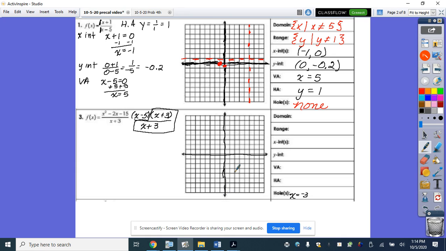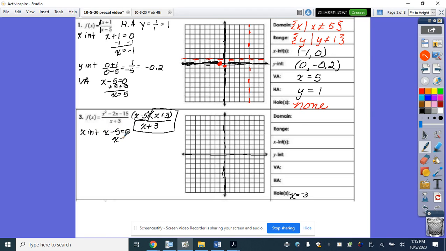Okay, all right, so now we're going to work with the factored form of this, and we're going to do all the things that we talked about earlier. So the first thing I'm going to do is set the numerator equal to 0. So all I have left in the numerator for the x-intercept is x minus 5.